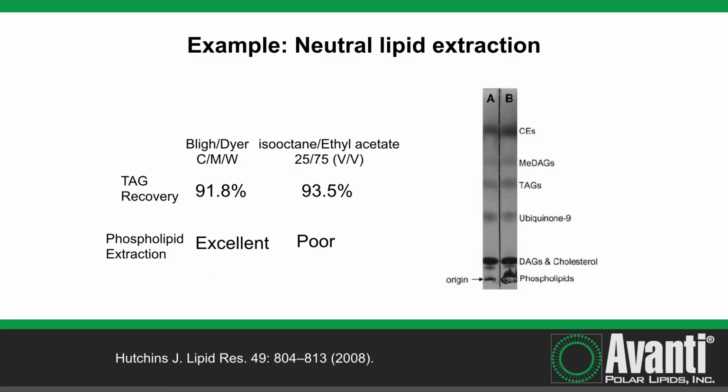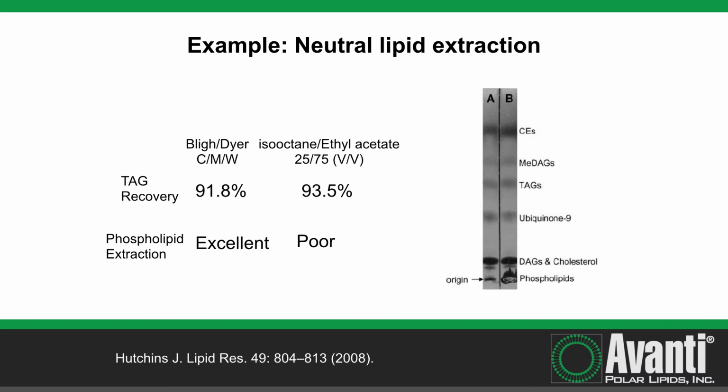So here's an example of an alternative lipid extraction besides the Bligh-Dyer, and on the left-hand side here we're looking at the recovery of a triacylglyceride and a phospholipid. By the Bligh-Dyer technique, you recover triglycerides very well, and of course they were devised for the extraction of phospholipids.